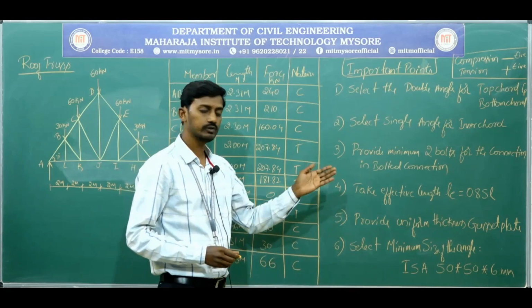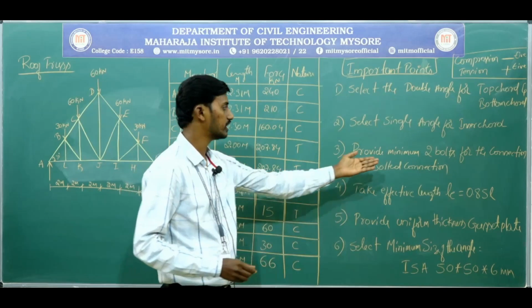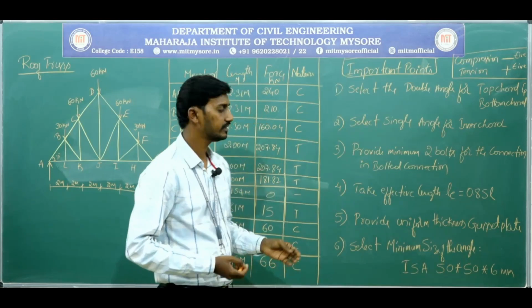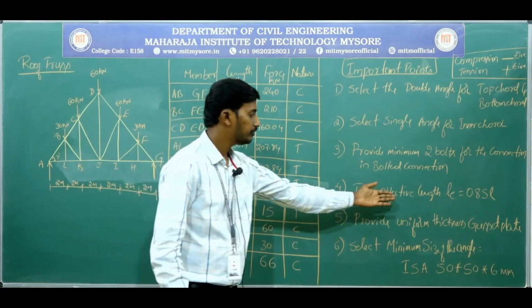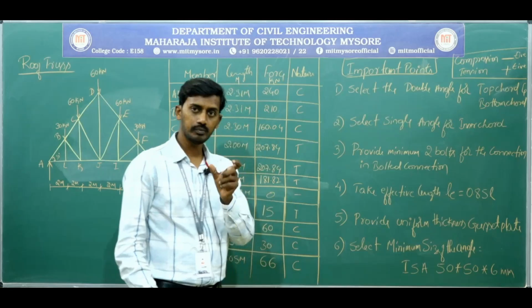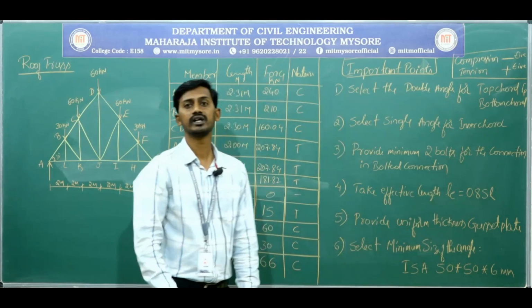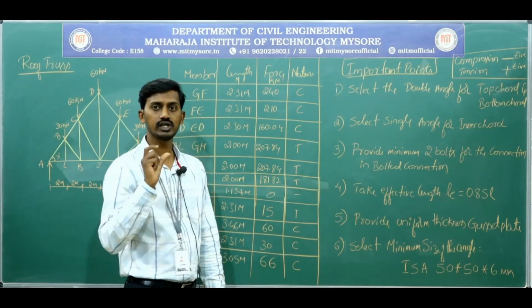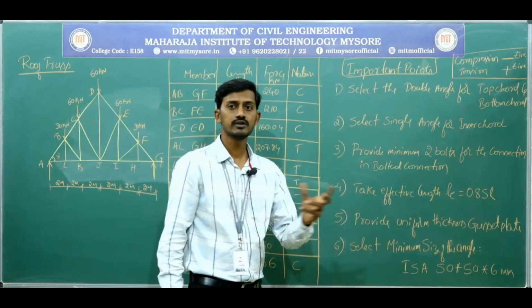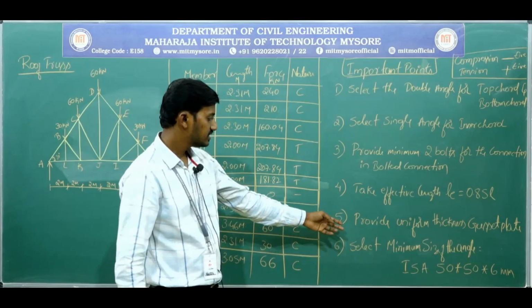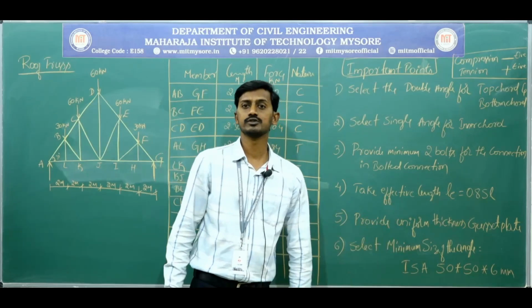If you are going with a welded connection, no need to worry about the number of bolts. In the same way, take the effective length of the member as LE, which is equal to 0.85 times the actual length, by considering it is fixed. Next, provide uniform thickness of the gusset plate.